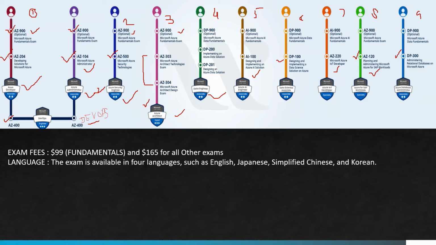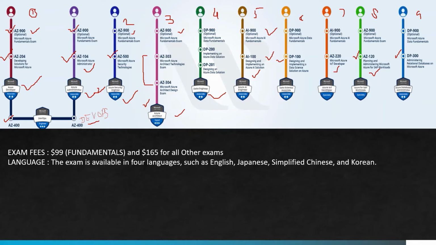Okay, and if you are interested in the artificial intelligence side, then I'll suggest go with AI 900 first, and then AI 100. After AI 100, you will become an artificial intelligence engineer in that case. So this is how, based on your current role, you can choose which path you need to follow for the certification.